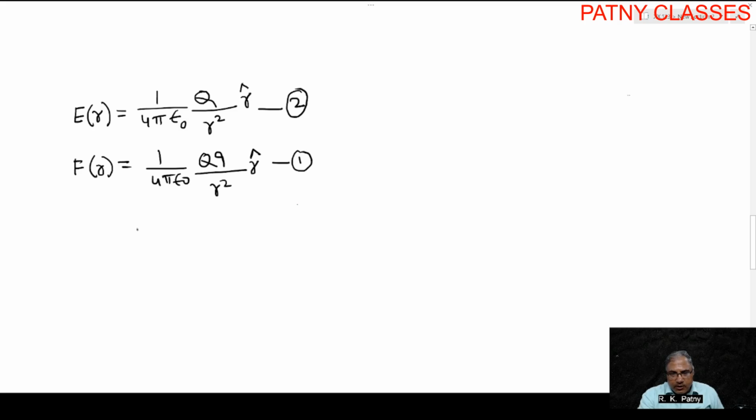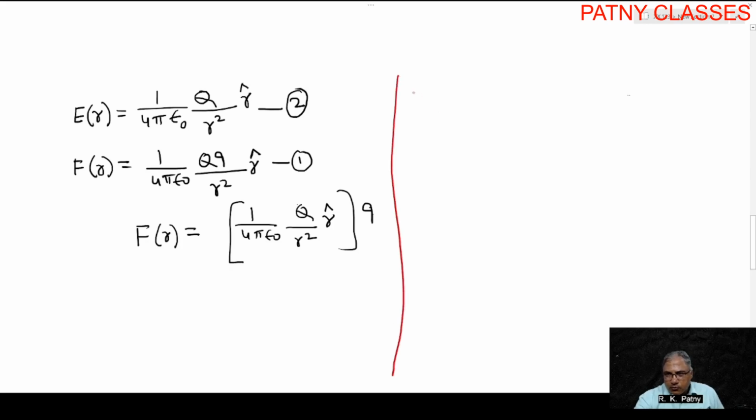Now, equation number 1 can be written as F of R equals 1 upon 4 pi epsilon naught Q upon R square multiplied by R cap, writing small q outside. Now this much part becomes equation number 2. Therefore, in equation 1, here is F of R, here is a bracket and here is a q.